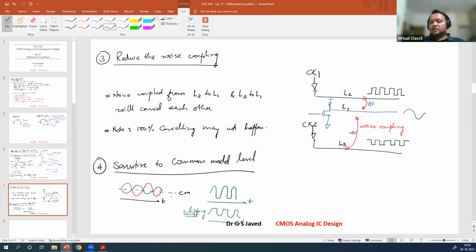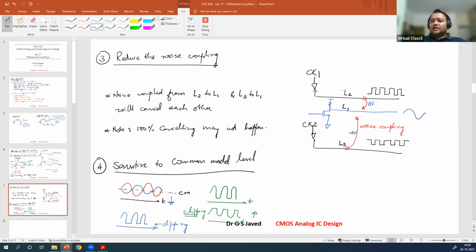Suppose the common mode shifts downwards. Now that you have seen this going upwards, what happens when you go downwards? If the common mode moves downwards, the graph will now start to clip below. Okay.